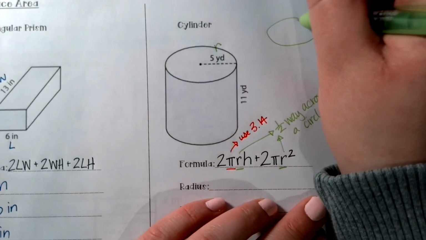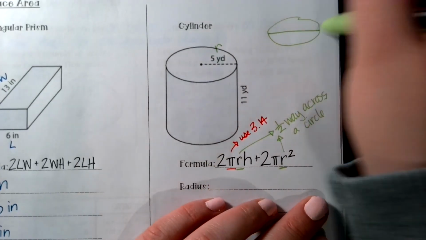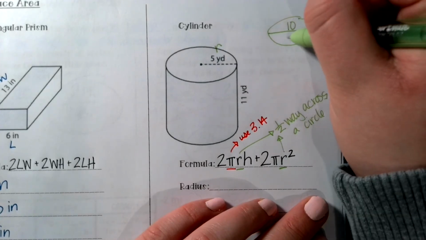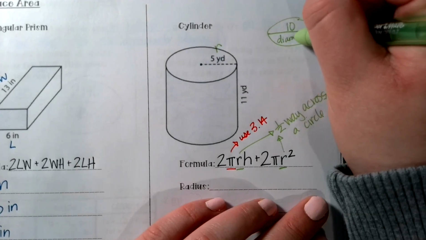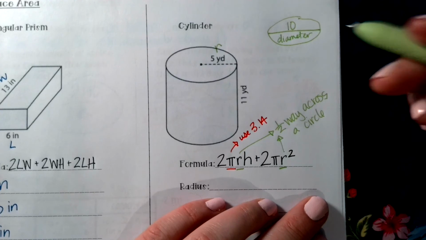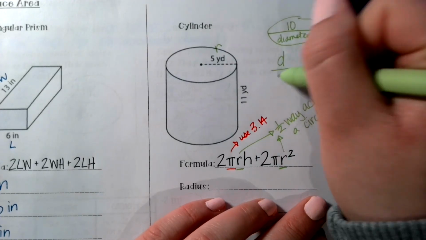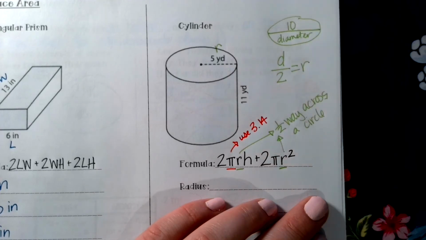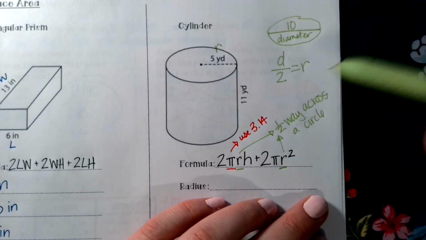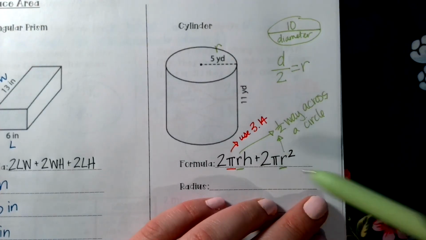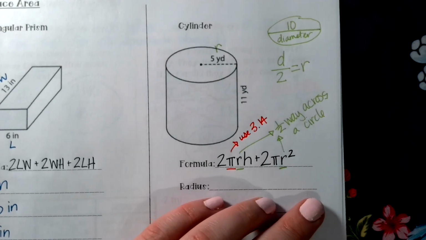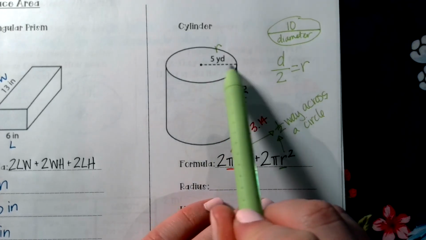Sometimes for your circle, it'll give you all the way across, which would be the diameter. If they give you that diameter, if you divide it by 2, that'll give you the radius. So you might have to do a little extra work so you get the correct number for your formula. You need the radius. You need it halfway across the circle.